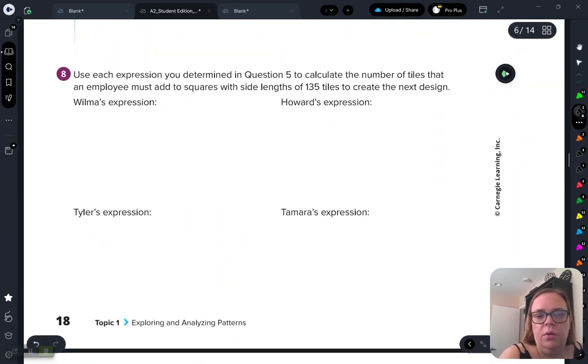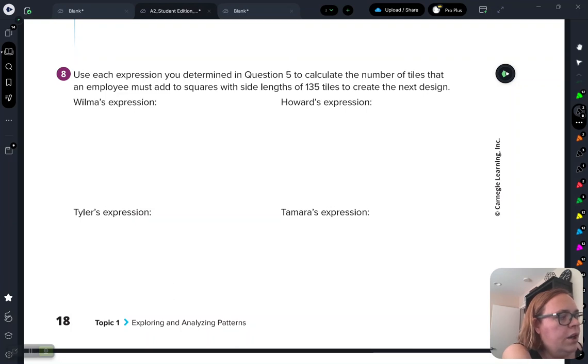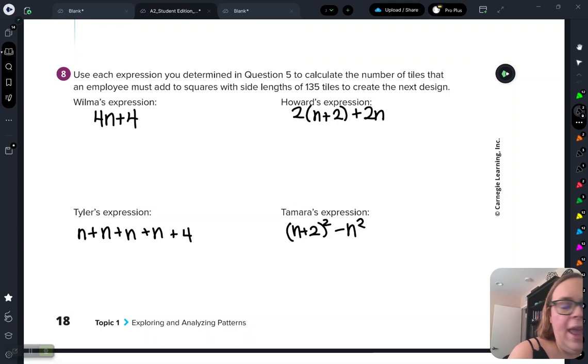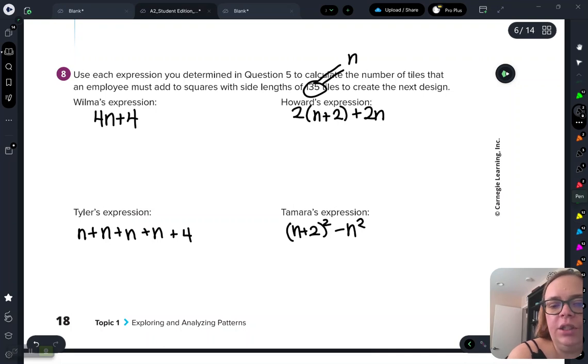Okay, so we're going to use 135. So let me write out each of their expressions. Okay, now we're going to let n equal 135. So in each of these expressions, I'm going to substitute 135, and then we're going to simplify them, okay? So let's see here.